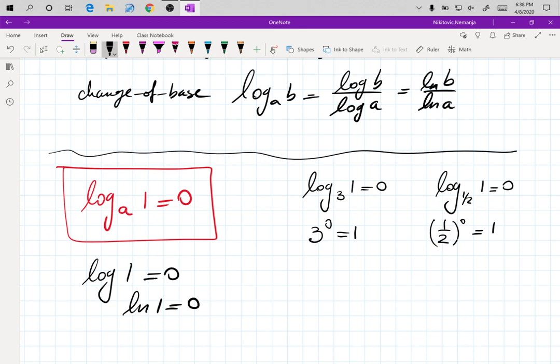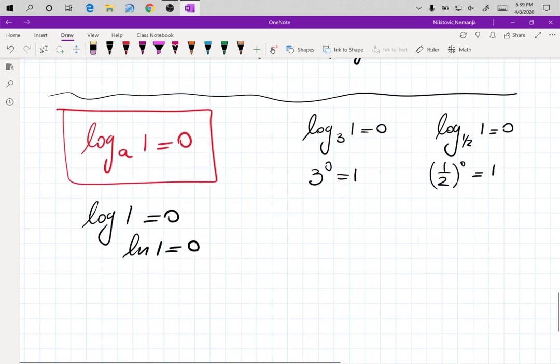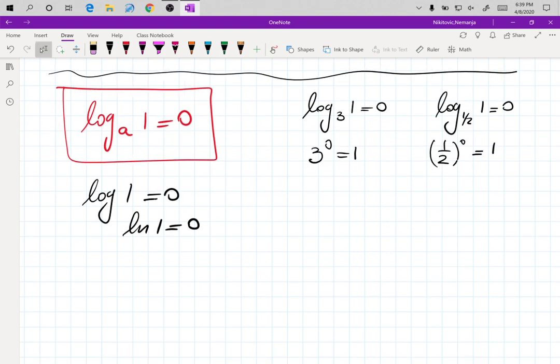By the way, when I say the word argument, I mean the thing inside the log, right? Because the log can have a number, can have a function, right? Logs can have, we'll see when you get there, but make sure that log of 1 is 0 and ln of 1 is 0, and then log of any base, not just these two.